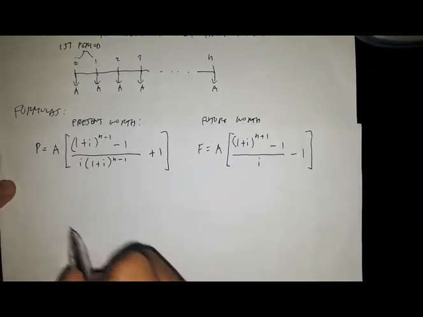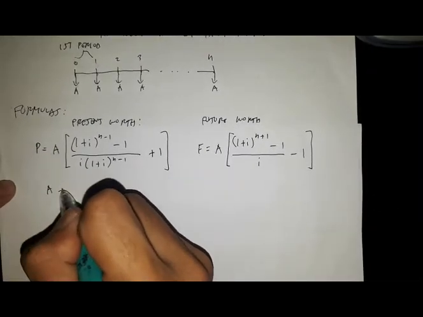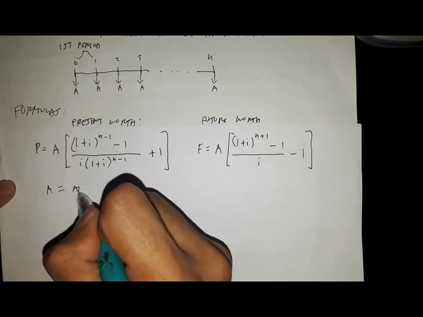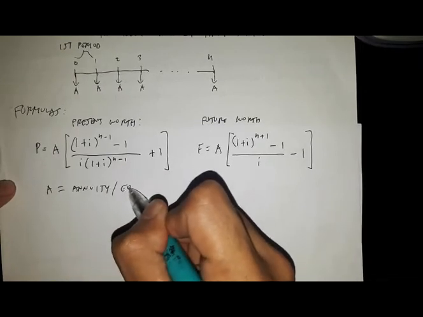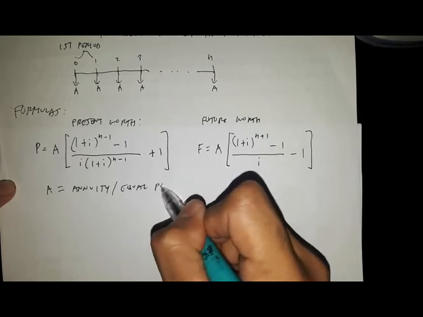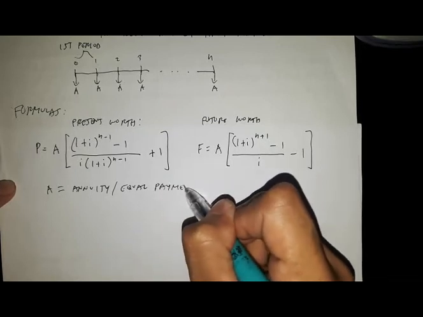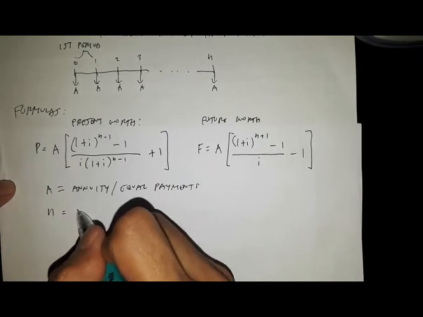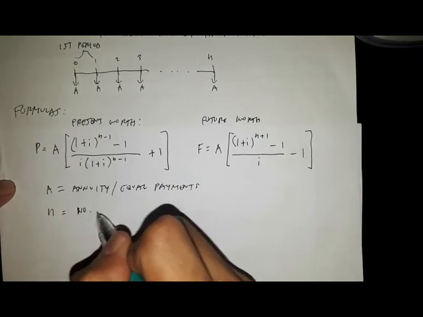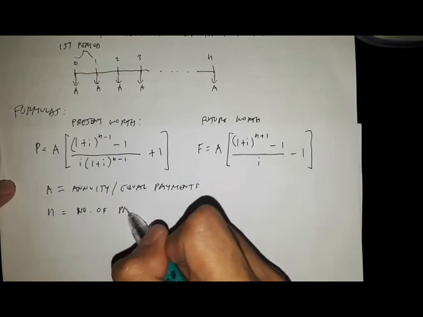So we have the same elements. A stands for the annuity, or the series of equal payments. N is still the number of payments.